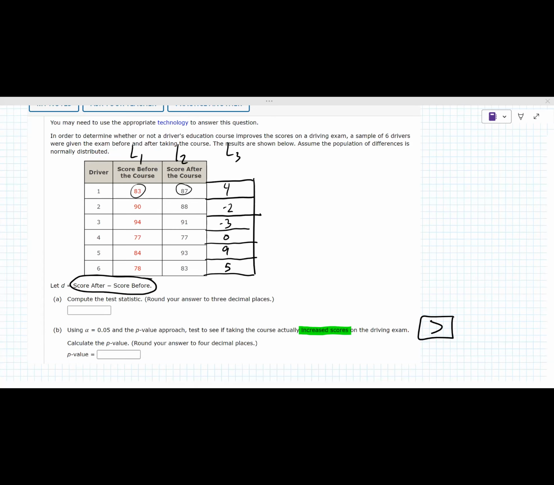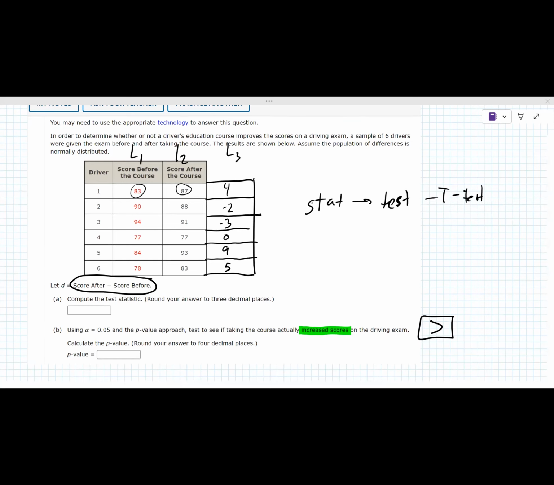All right, I'm going to grab these values as well. Yeah, I got the data in L3. So go ahead and do stat, test, t-test, L3.